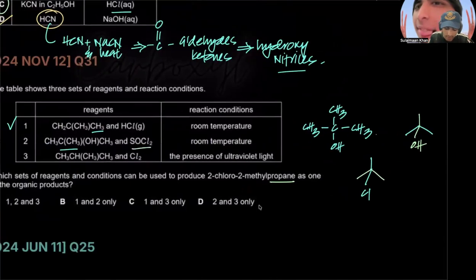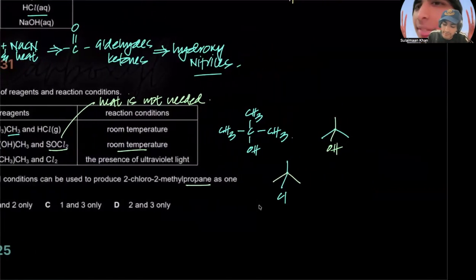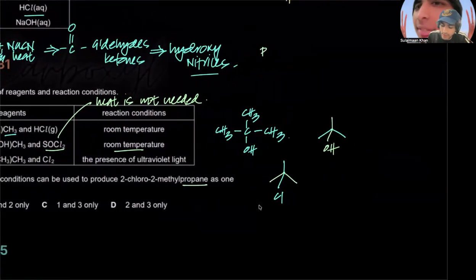Now I've always said that for SOCl2 normally heat is not needed. I've always said this in the live class. The problem is that the examiner, when he asks you about SOCl2, writes heat with it. But in my live classes, if you listen to me over and over again, I've always said that you need heat if you're adding HCl gas or HCl aqueous, and then you heat here.